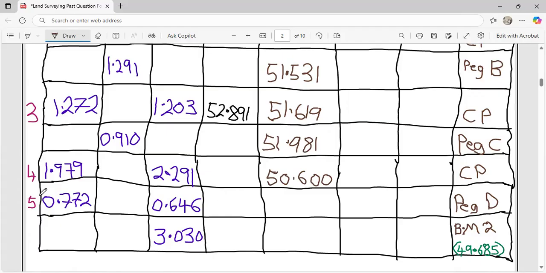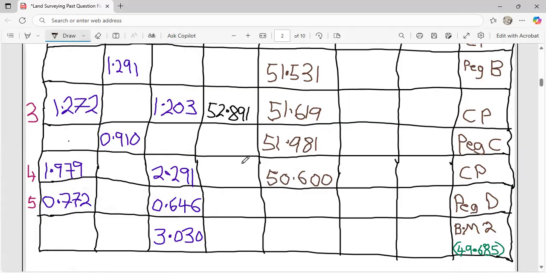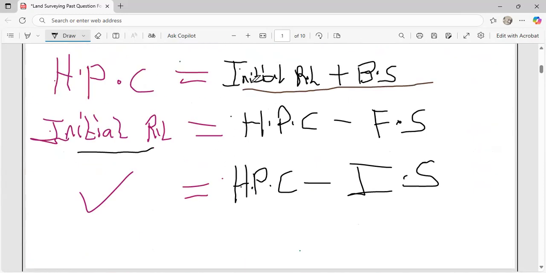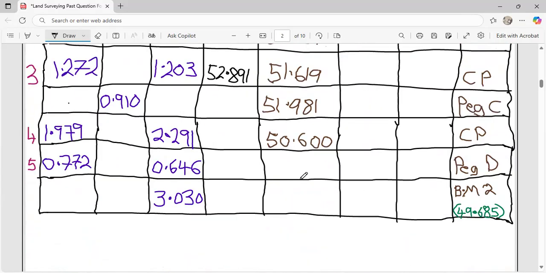You realize that we said that anywhere there is a backside, there is supposed to be an HPC. So due to that, we have to calculate a different HPC over here too. In calculating the HPC, we have to add 50.600 to the backside 1.979, because we said that HPC is equal to initial reduced level plus the backside.